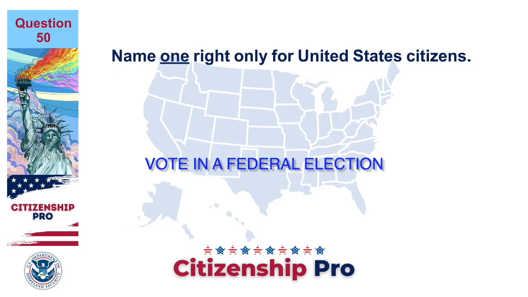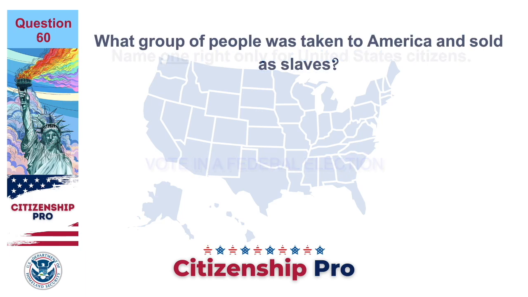Vote in a federal election. What group of people was taken to America and sold as slaves? Africans.